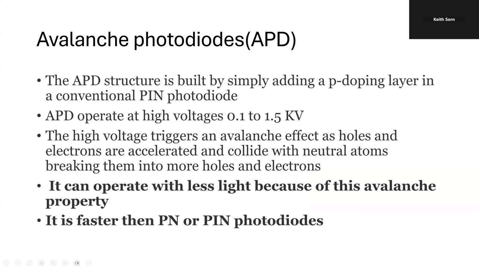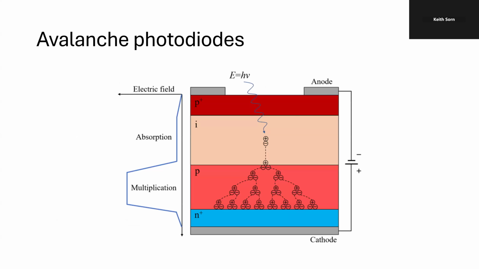All right. From a PIN diode, an avalanche diode is a small step, a very important step. The avalanche photodiode is built by simply adding a p-doped layer in a conventional PIN diode. I have a picture here where it shows the additional p layer in red.